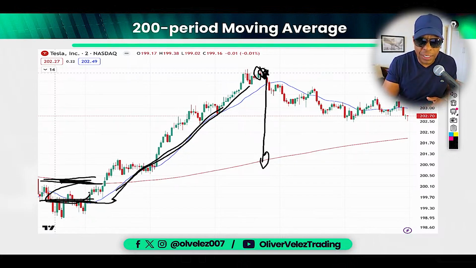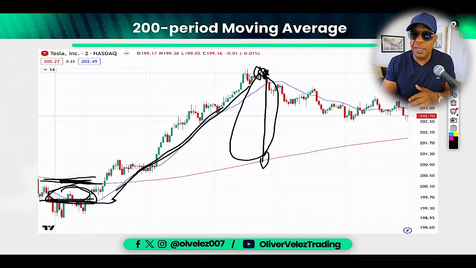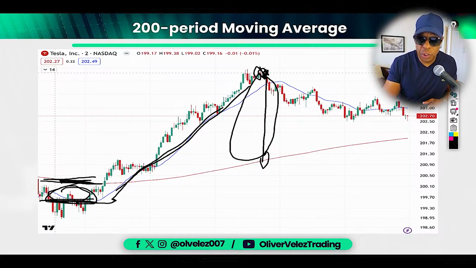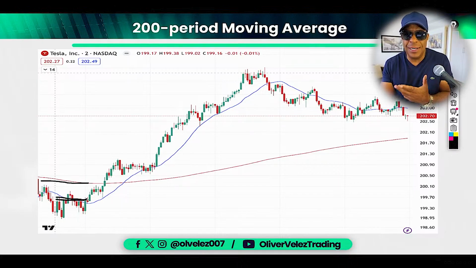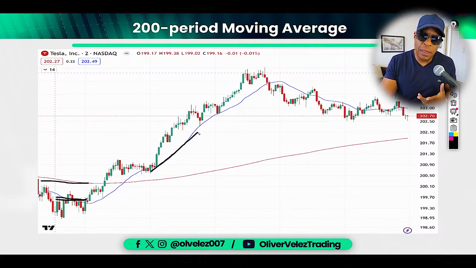Here, they're relatively close. Here, there's relatively wide space between the 20-period moving average and the 200. So to the left, they're relatively close together and flattish in nature. In the middle, the 20 is separating from its parent.